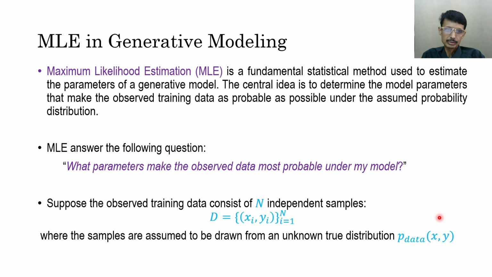Let's say this is the observed data, (x_i, y_i) for i equal to 1 to n. To understand this data distribution, we answer the following question: what parameters make the observed data most probable under my model?